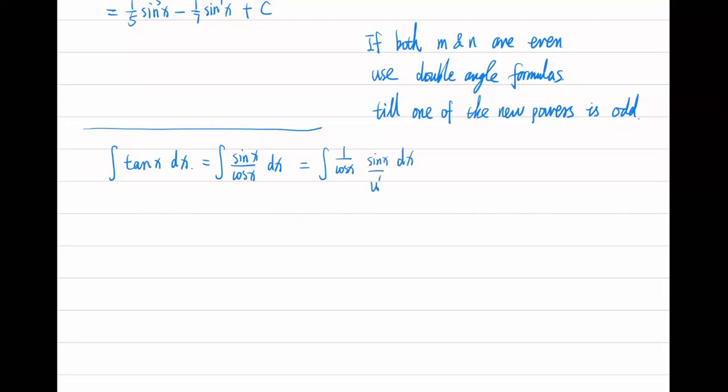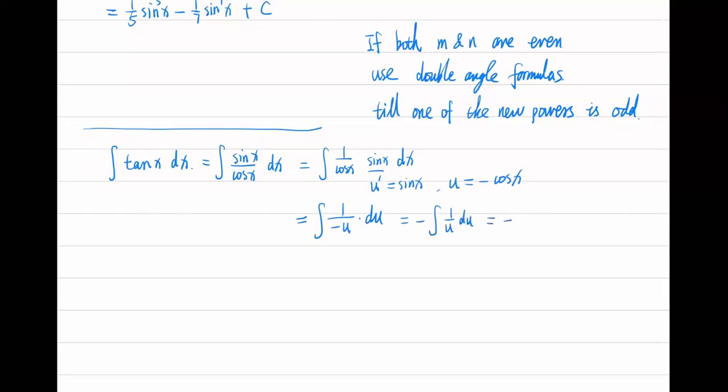This is u derivative, so u must be negative cosine. Use the substitution to get negative du over u.